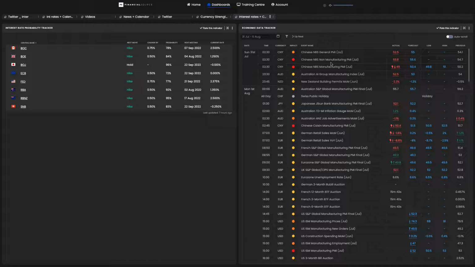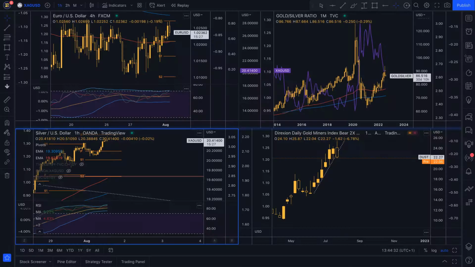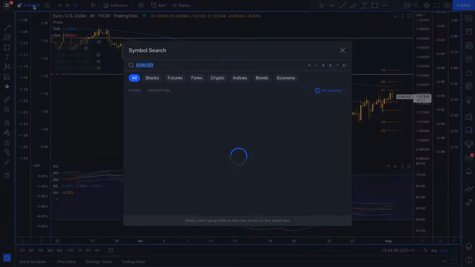So weak data out of China, weak data out of Germany, which weighs on the euro. Don't forget the euro yen, we have a sell bias on that. So on the medium term, any retracement higher in the euro yen is suitable for selling. Now, let's just have a look at this.